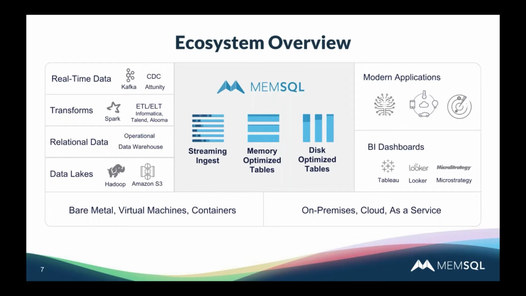You can write custom apps to connect to MemSQL easily with APIs that you're already accustomed to. And in addition, a broad range of BI tools and dashboarding systems can connect to MemSQL like Tableau, Looker, and MicroStrategy. You can run on bare metal, you can run on virtual machines, you can run on containers, you can run on-prem, in the cloud, or as a service.